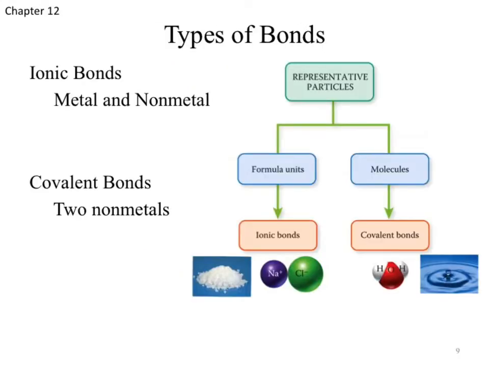So chapter 12 goes through and adds some extra information to this. When we're looking at ionic bonds, most commonly we're looking at a metal and a nonmetal. In our covalent bonds, it's two nonmetals. Okay? And we'll use slightly different naming when we go through and talk about these, which bothers me, but that's the way it is. Ionic bonds get represented by formula units, and covalent bonds get referred to as molecules. Okay? I'll call them molecules in both cases because I think that distinction is pretty meaningless.